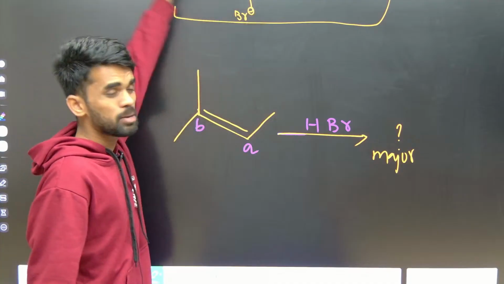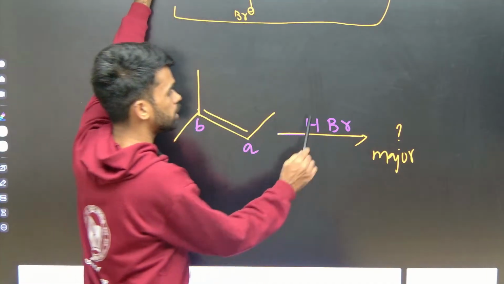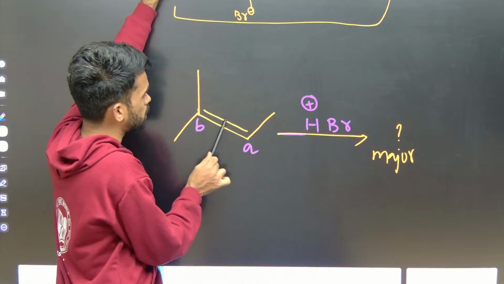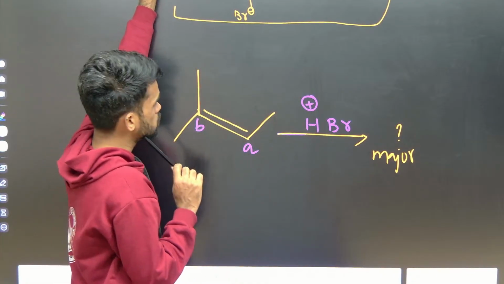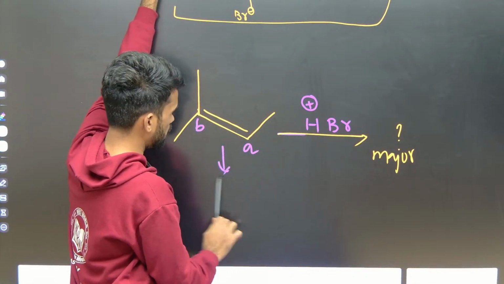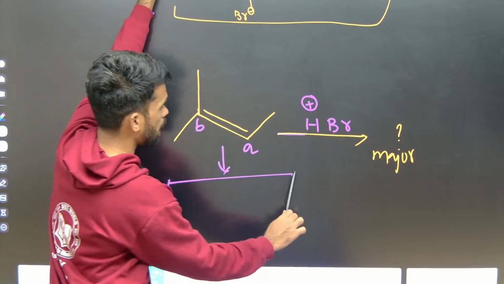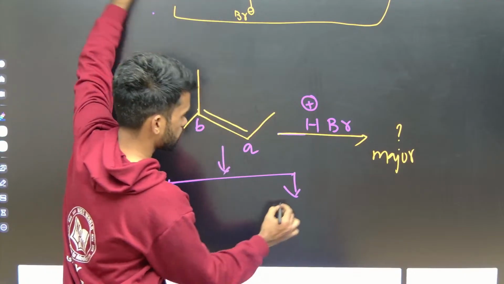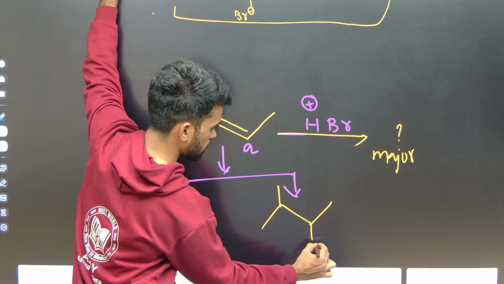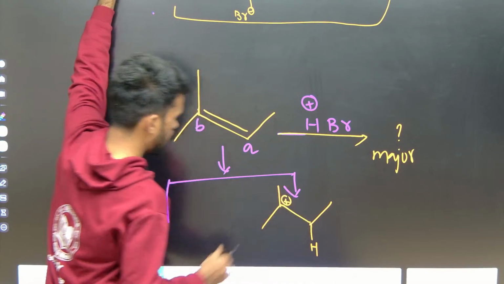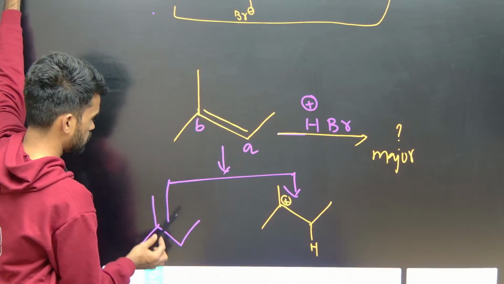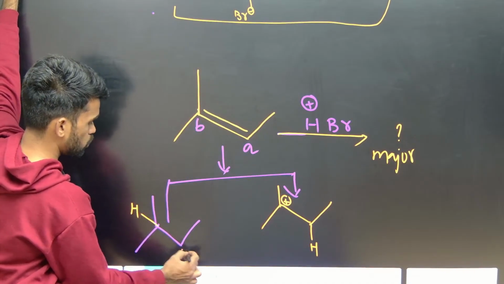As per the above discussion, there will be an H plus ion that comes out first, and that will be taken by this double bond. If I add at this A carbon, we'll get two possibilities. If I add at A carbon, we'll get H here and plus here, and if I add at this B carbon, then we'll get H here and a positive charge here.